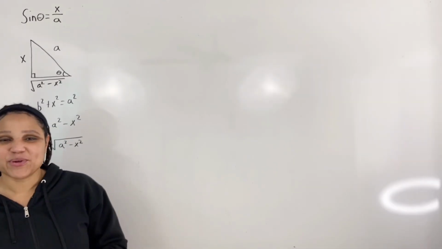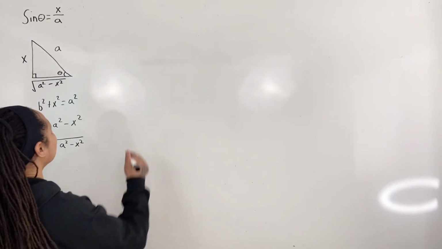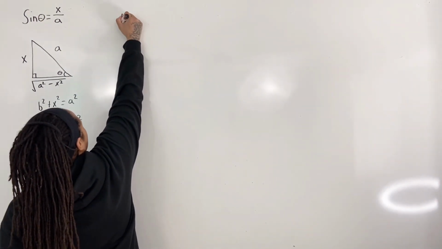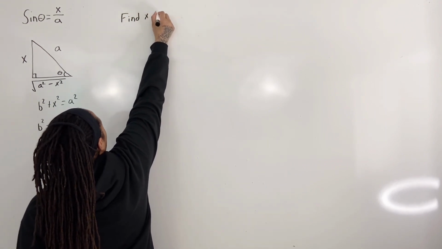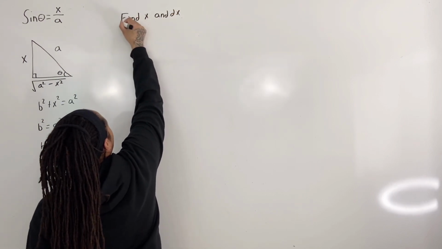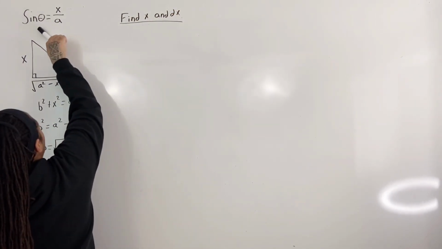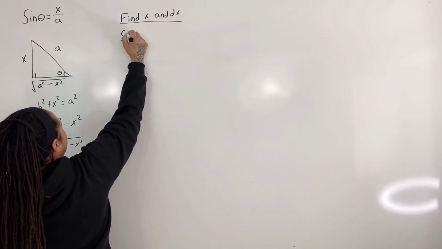So the first thing you're going to do is you're going to find x and dx. We see that we have sine of theta is equal to x over a. So I'm using that.